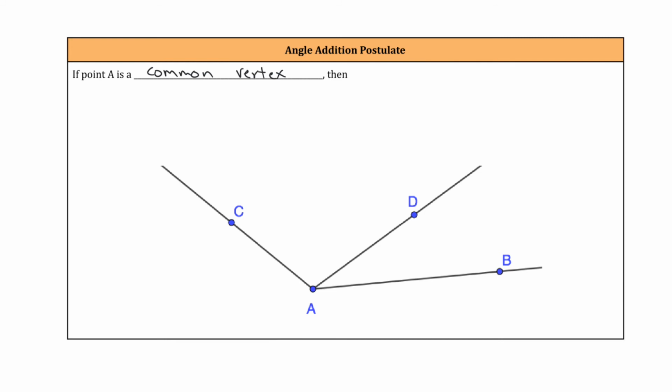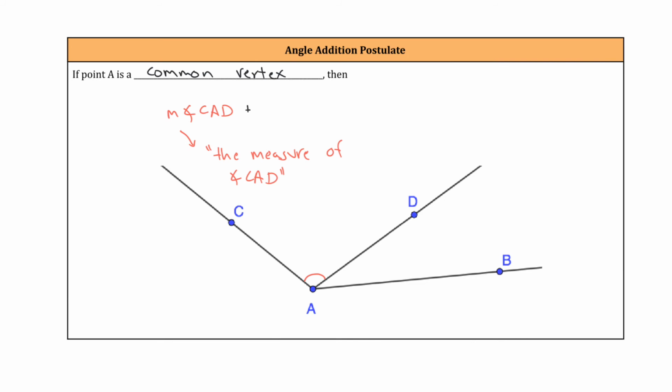All right, so if this is the case, then here's what we have. We can take the measure of angle CAD. So writing it down like so, this is how we read it. We read it as the measure of angle CAD.